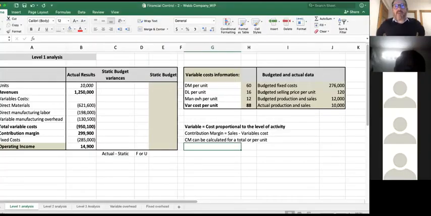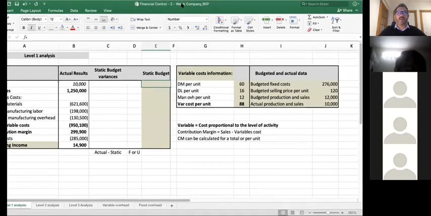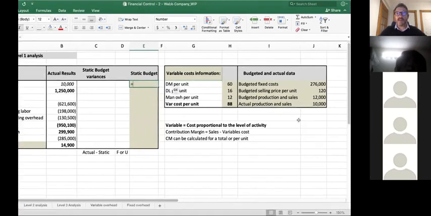I'm gonna share my screen and solve that with you. For the static budget already, what is the quantity? It was based on 12,000. So for the revenues, we got 12,000 times the selling price.